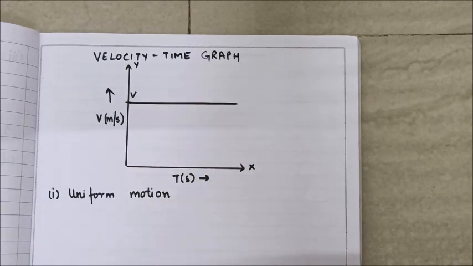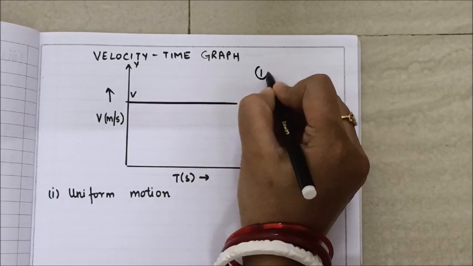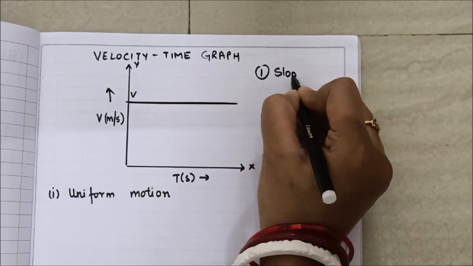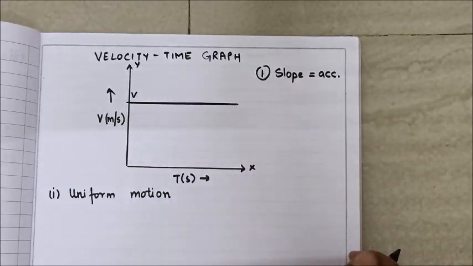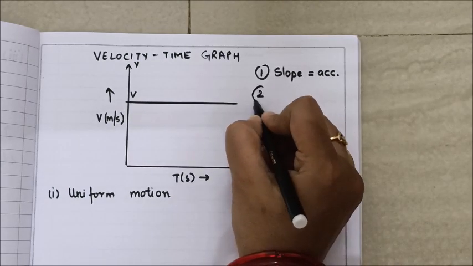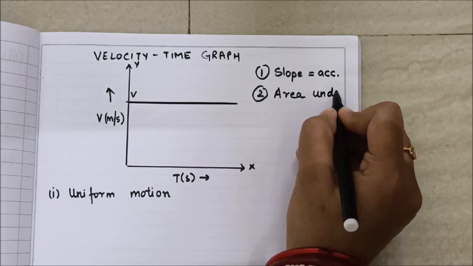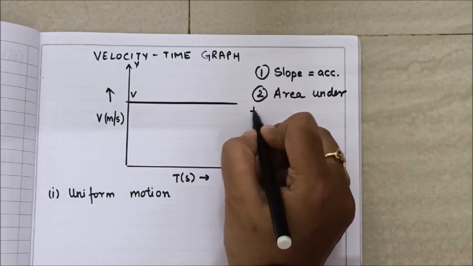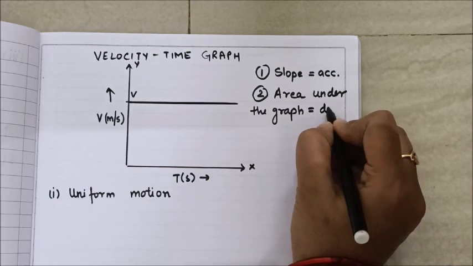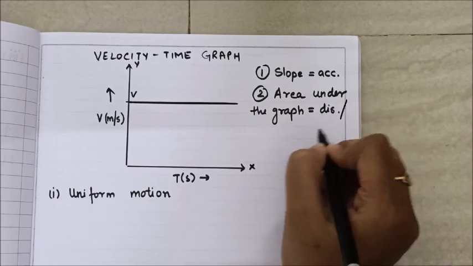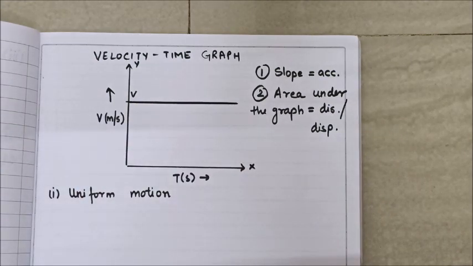The velocity time graph tells us two things. First, the slope of the graph tells us about the acceleration of the body, and second, the area under the graph will give us the distance, or we can say the displacement, traveled by the body.